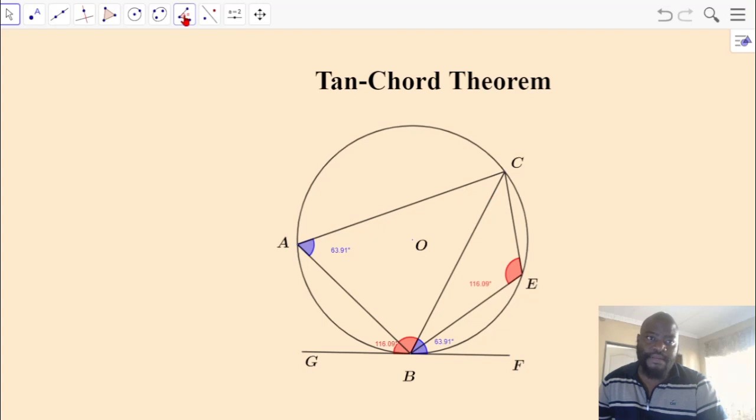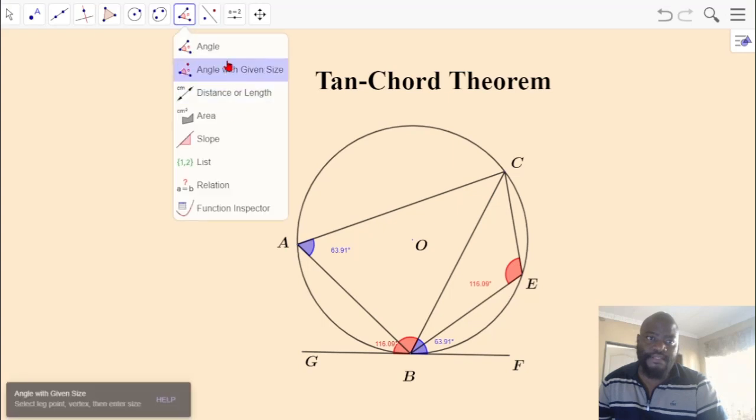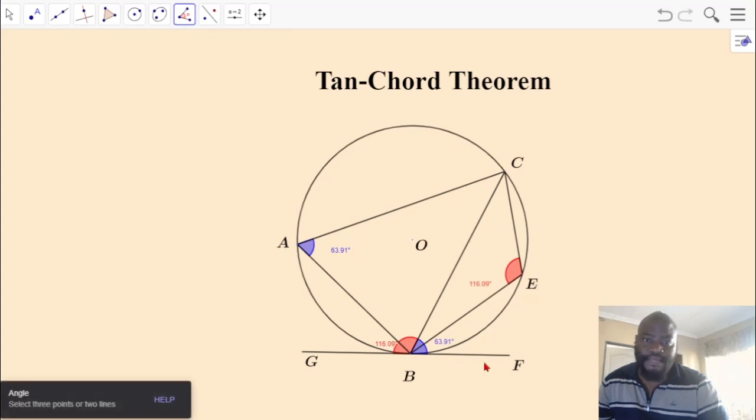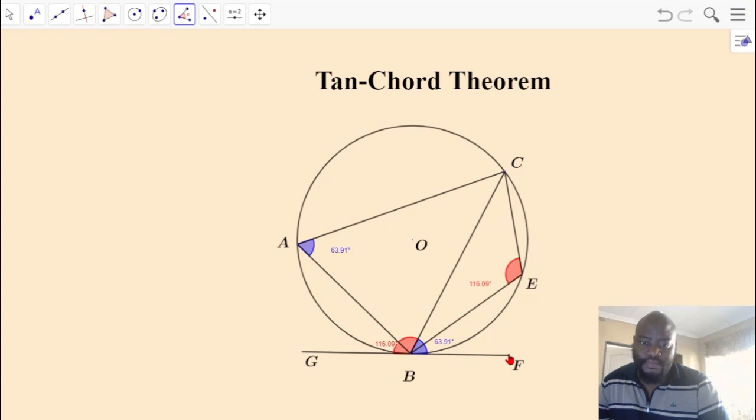So I think maybe let's just measure our angles. Let me see. Okay, there's this angle, and then this angle is supposed to be the same as this one here.